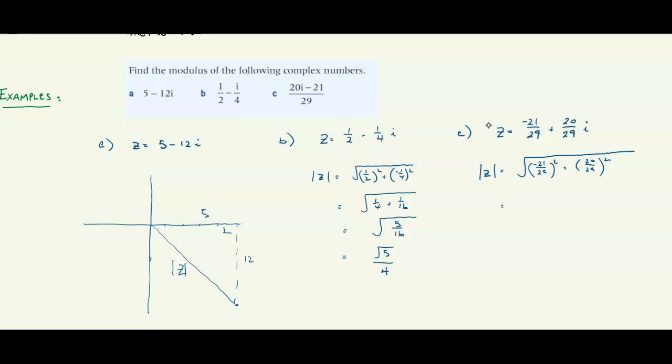This is going to be quite big, so I just got the calculator out. 21 squared is 441, so I'm going to have 441 over 29 squared, which is 841. And 20 squared is 400, over 29 squared, 841. Let's put those together. Very conveniently, I've got 841 over 841. So my modulus is just 1.